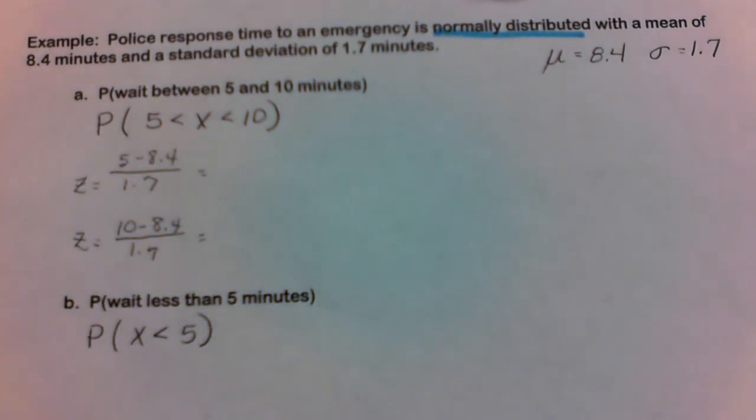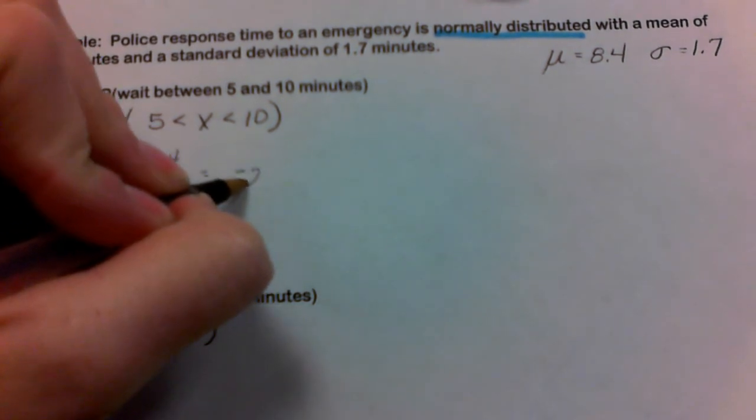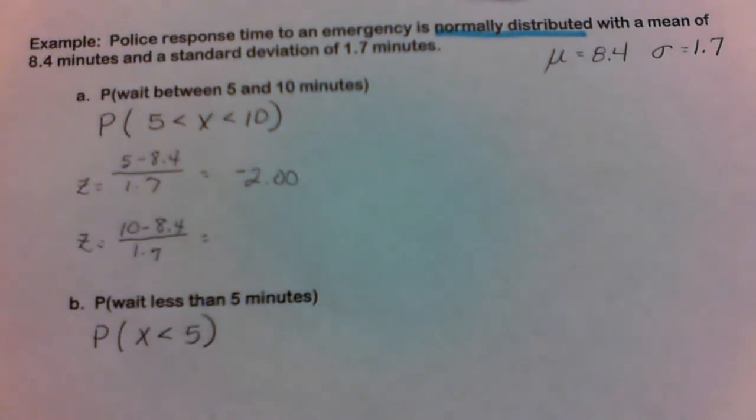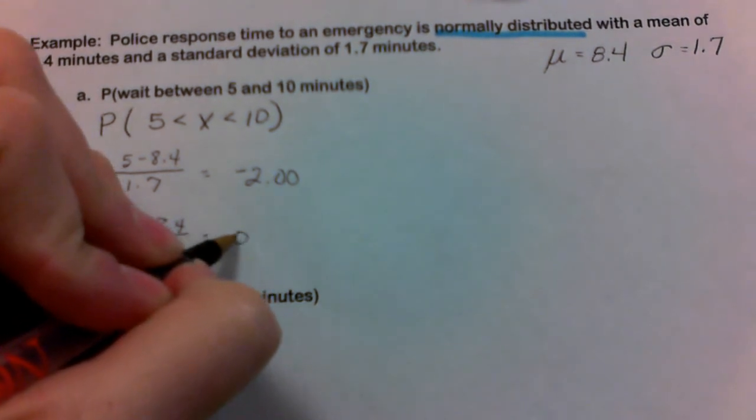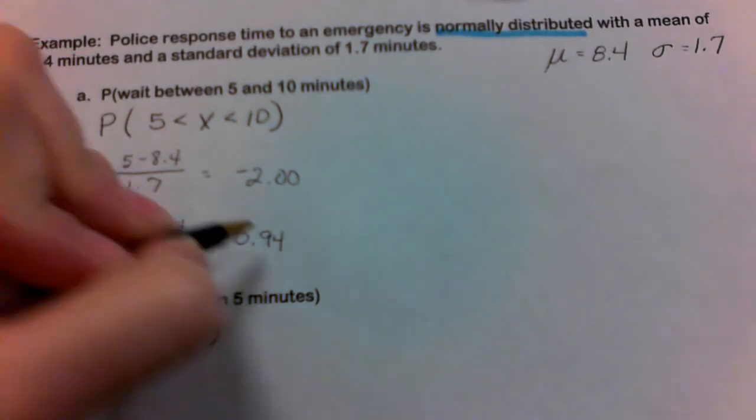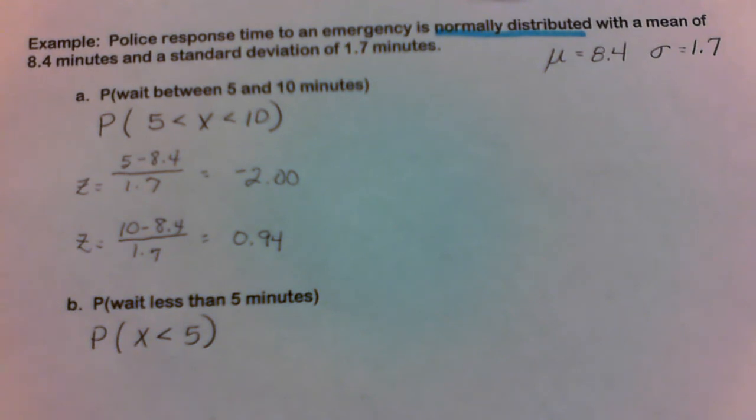On the first one, we're going to get -2. And if you write just -2, that's fine. And then on the second one, you're going to calculate 0.94. And don't forget that as you are calculating z values, you always round to 2 decimal places, because that's how the z-table is used, to 2 decimal places.